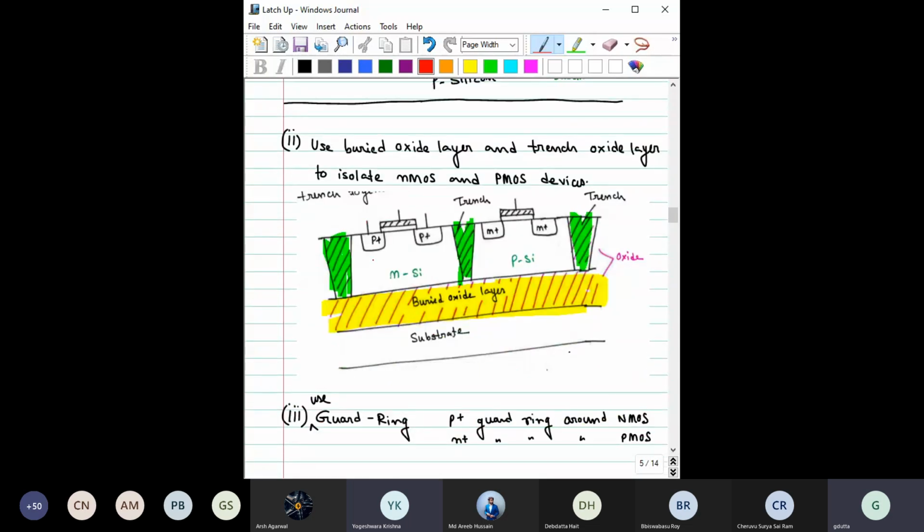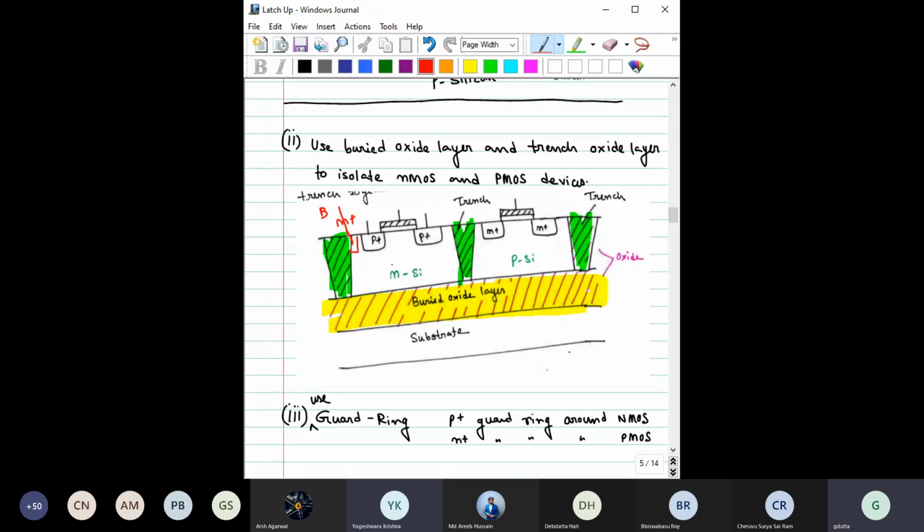Okay, no issue. We can make here an N plus region, make it a body contact. Even then you see that the parasitic bipolar junction transistor is not coming into the picture. You have only this N plus and N region, so the parasitic transistor is not coming.